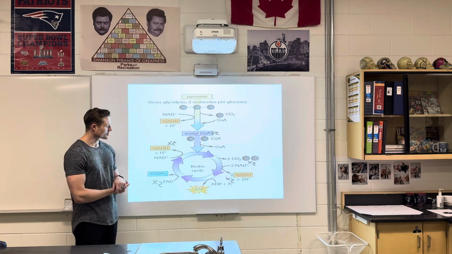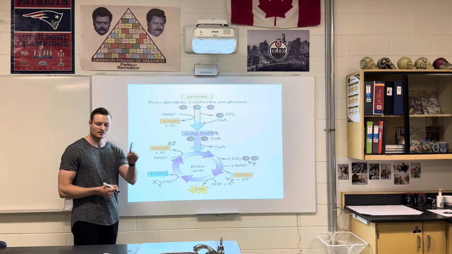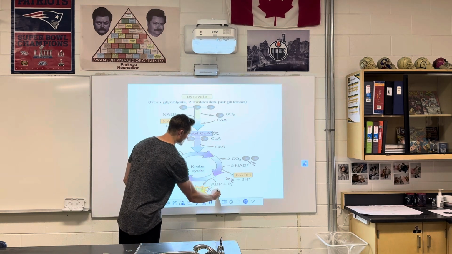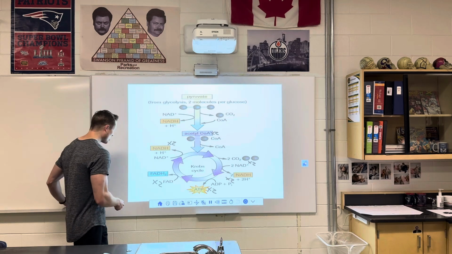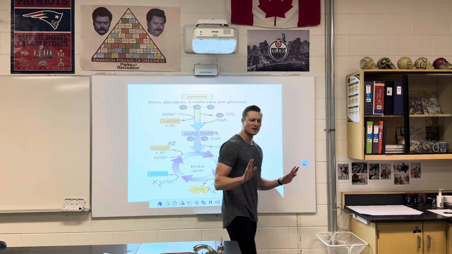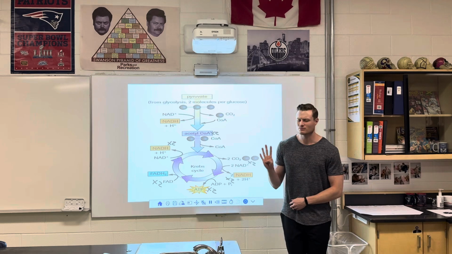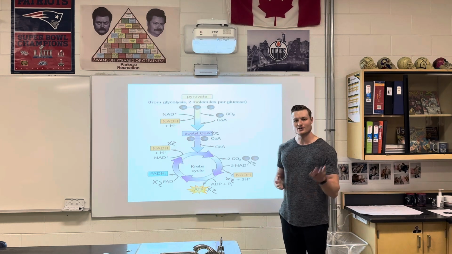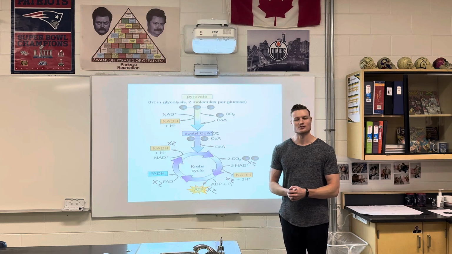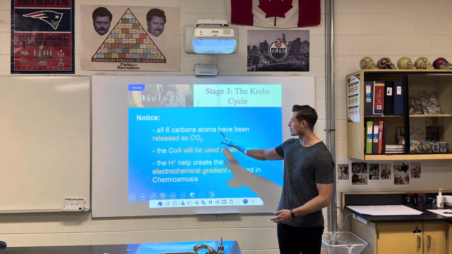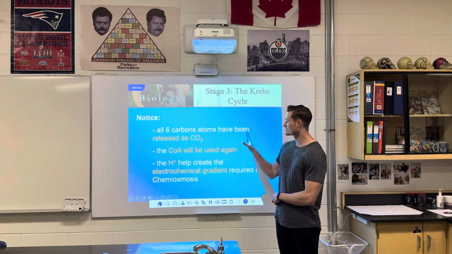And then finally, we're going to make 1 molecule of ATP, but once again, since we're doing it twice, it ends up being 2 molecules of ATP. And now we are all out of carbon. We've used up all the carbon, but we've only made 4 ATP, which doesn't seem very great, does it? We've made a lot of electron carriers, yes, and now it's time to put those carriers to use. Because at the end of Krebs cycle, we are out of carbon, so all the carbon has been released as CO2.